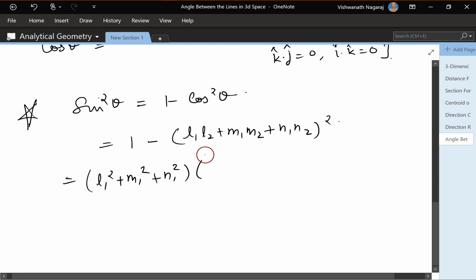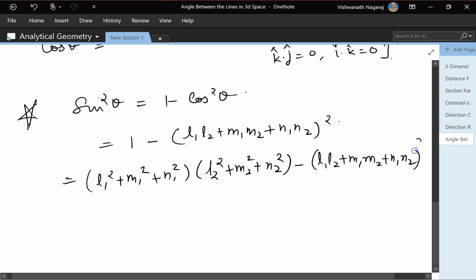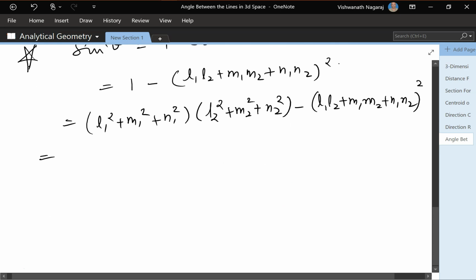But then we also require the other line as well, so we include that also: l2 square plus m2 square plus n2 square. Now this is 1, 1 times 1 is 1. Plus (l1 l2 plus m1 m2 plus n1 n2) square. Now this would become a little bit tedious, but take it step by step.